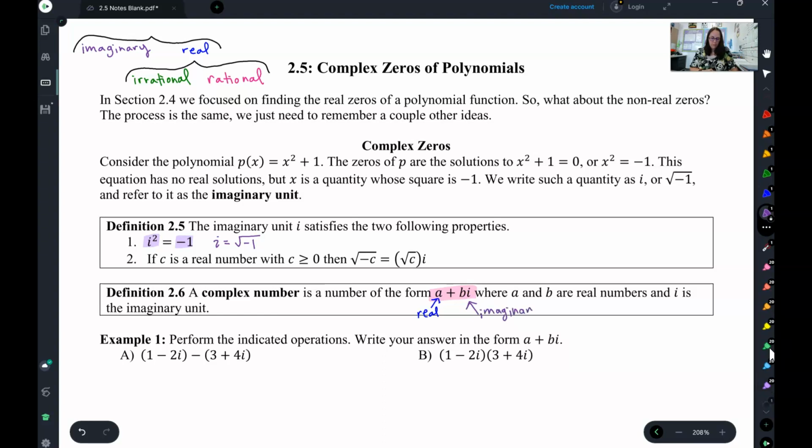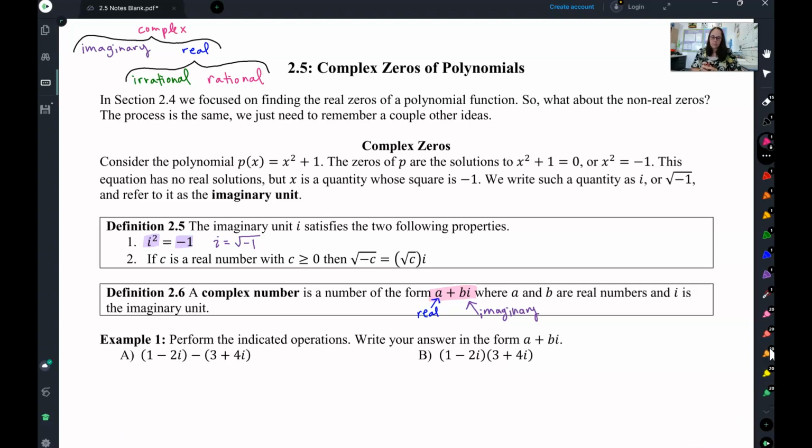So if we put a real and an imaginary number together, that forms our complex numbers. So those are all the different kinds of numbers that we have in mathematics.